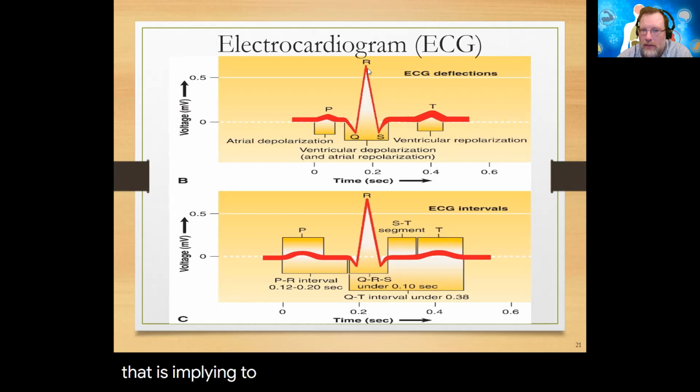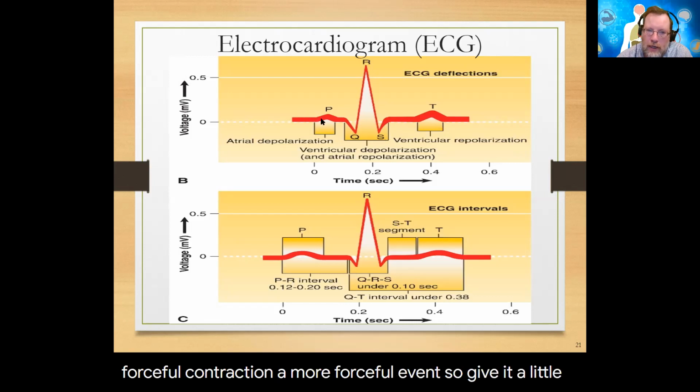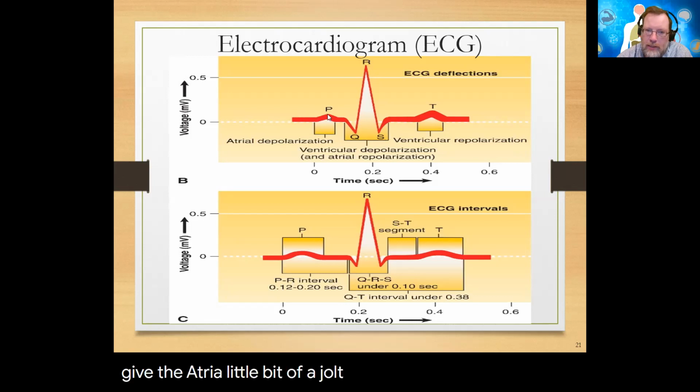Okay, so the QRS is the electrical impulse that's generated and shows up on an EKG, implying by the amplitude or the size of that wave that we're going to see the result as a more forceful contraction, a more forceful event. So give the atria a little bit of a jolt, bzz, and then they're going to contract and inject blood down into the ventricles.